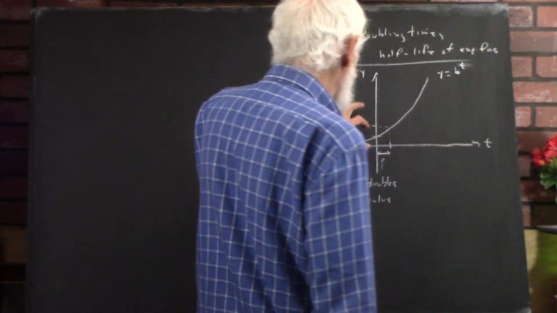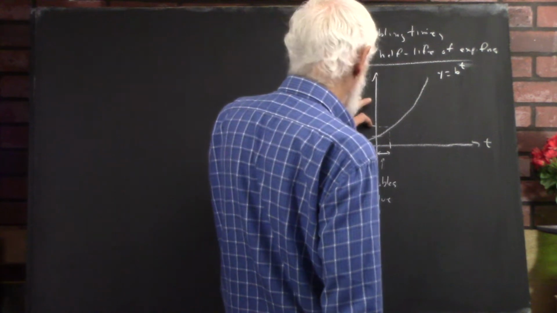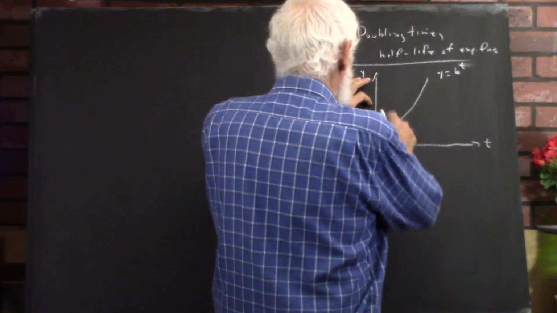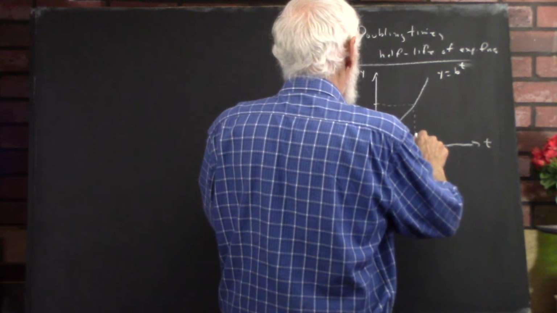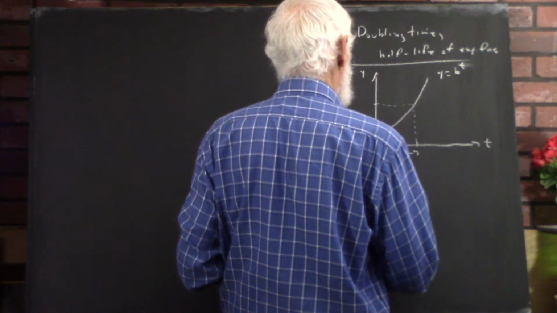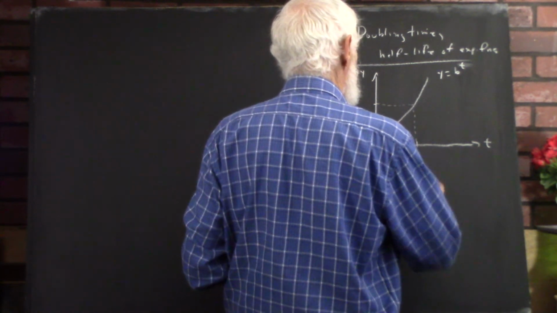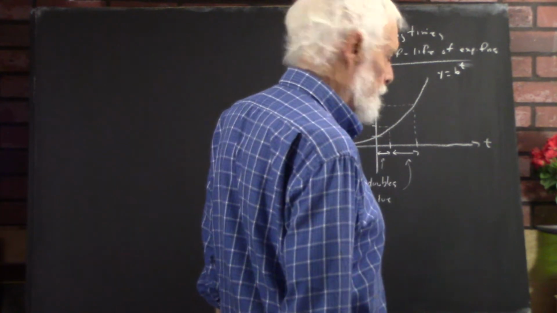Now let's see if I want to double it again. Okay, well, here's the y value. I double it again. I'm here. Doesn't look like I did a very good exponential function. Okay?